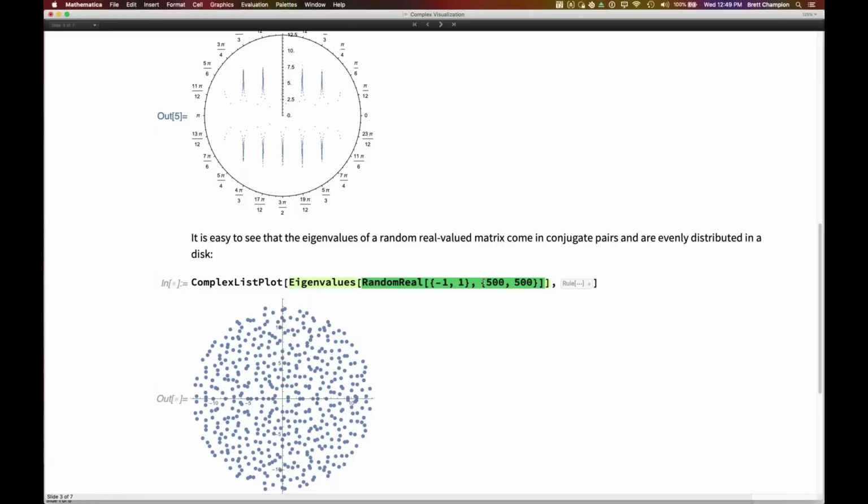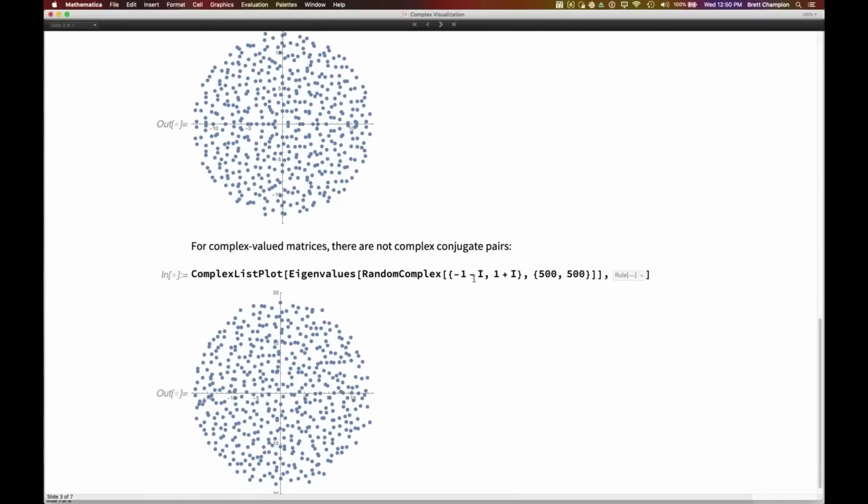Those are roots of a polynomial with real coefficients, and it turns out that those are evenly distributed in this disk. Because it's real coefficients, on the polynomial underlying the eigenvalue computation, all of the solutions are going to come in conjugate pairs. And so you see we have a symmetry across the x-axis here. I suppose I should say across the real axis.